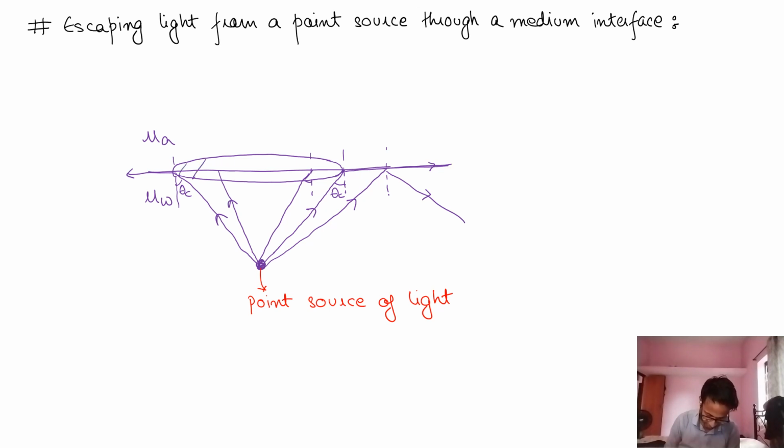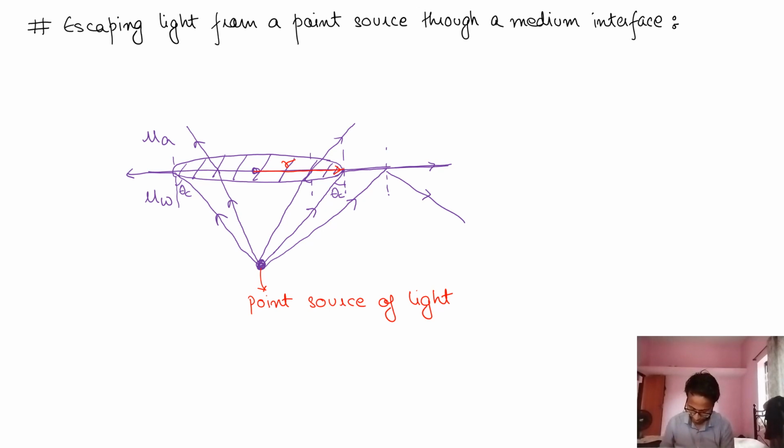You form a circle on the water surface, so all our light can only escape through this surface. This light would escape something like this, and this, and this. My question is, what is the radius of this circle? I want to find out the radius of this circle.